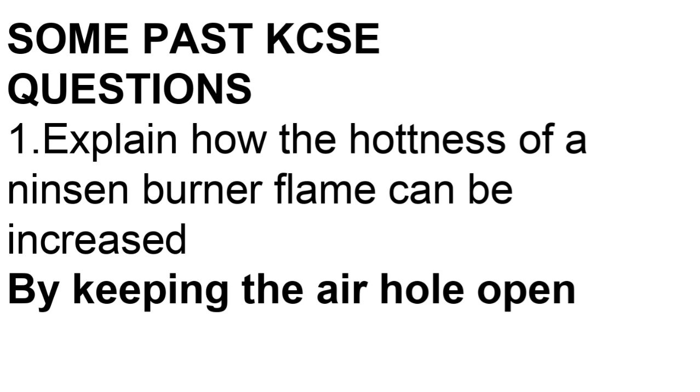Now in this question, you need first to know the hottest flame of the Bunsen burner is the non-luminous flame. It is the hottest flame. Therefore, under what conditions is the non-luminous flame produced? When the air hole of the Bunsen burner is open.